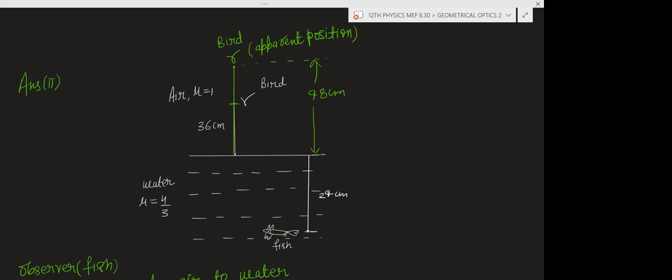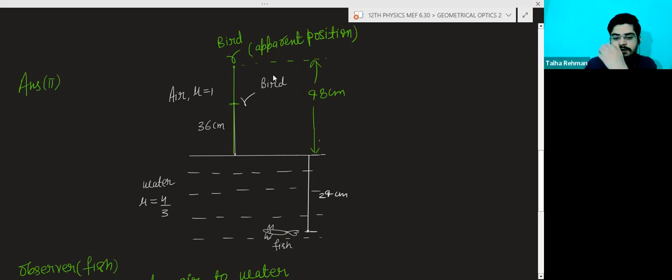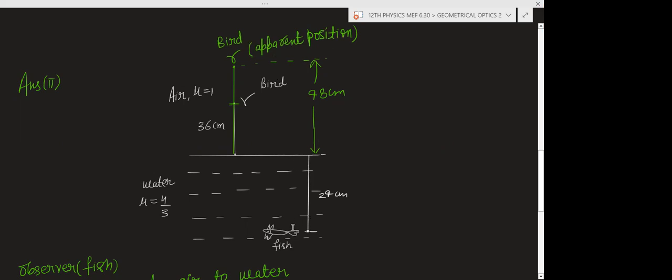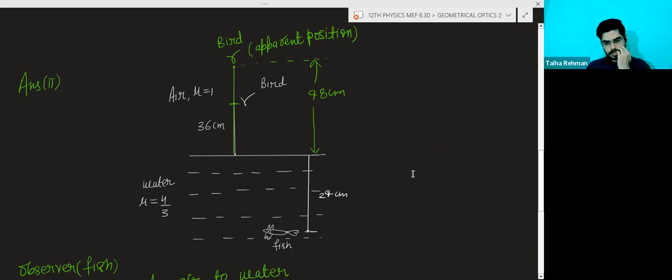I am saying that this is the apparent position of the bird and this is the fish. Now I am saying with respect to fish, what is the height of the bird?